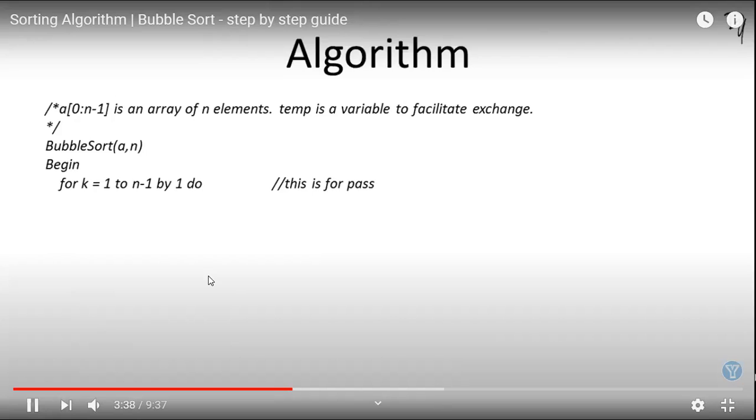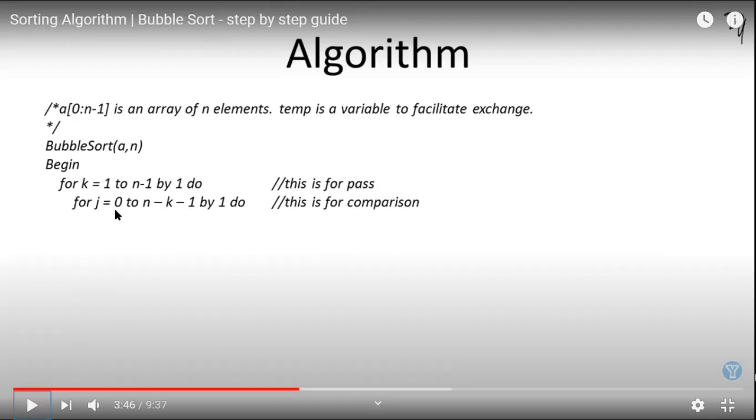Okay. So just now we have seen the number of passes we have to mention. I'm starting with 1, the first pass, till n minus 1, because n minus 1 passes we have to do. Again, inside each and every pass, how many comparisons do I have to do? Just now we have seen, since I'm starting with 0, it is n minus k minus 1.